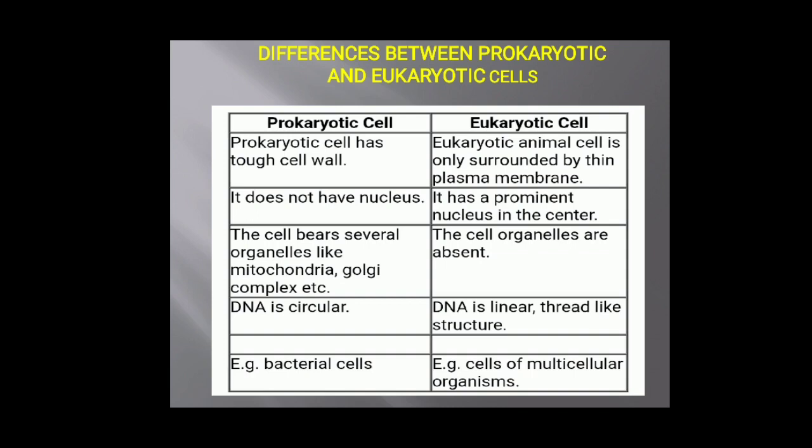But in the eukaryotic cell, all the cell organelles are absent inside the nucleus, but they are suspended in the cytoplasm. In prokaryotic cells, the DNA, that is the genetic material, is circular in shape. In the eukaryotic cells, the genetic material is a linear, thread-like structure.